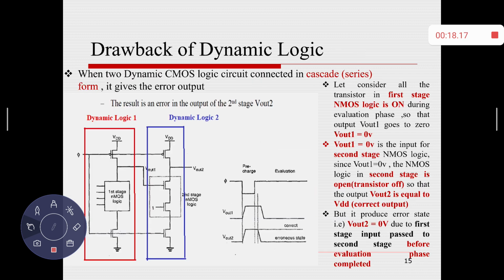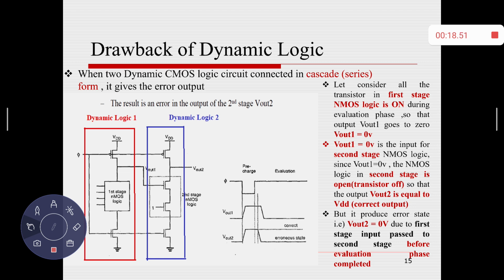For example, in the first stage NMOS logic, I put one NMOS transistor, and the external input signal is 1. The path exists from V out to VSS. When the evaluation phase starts, the pull down NMOS transistor turns on, so V out is supposed to be 0.